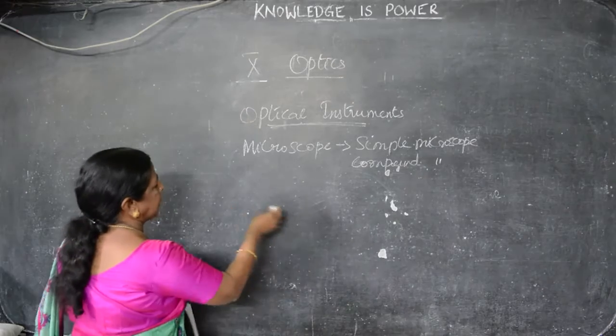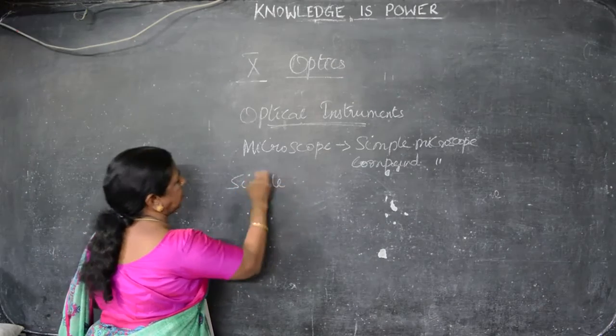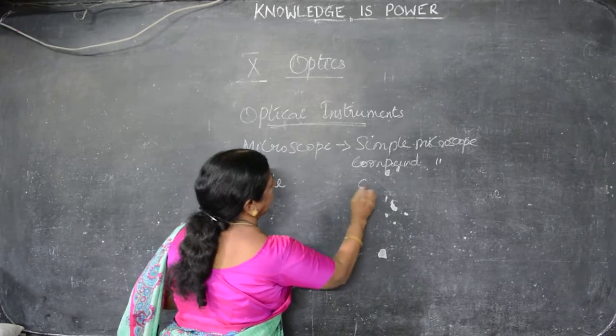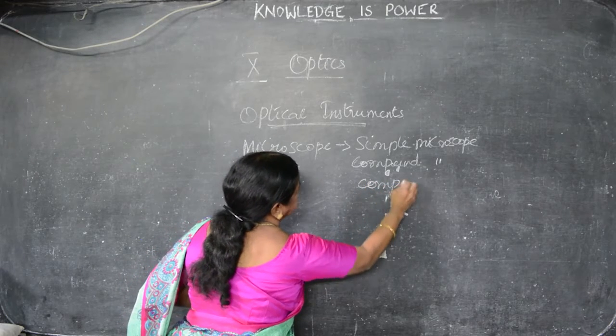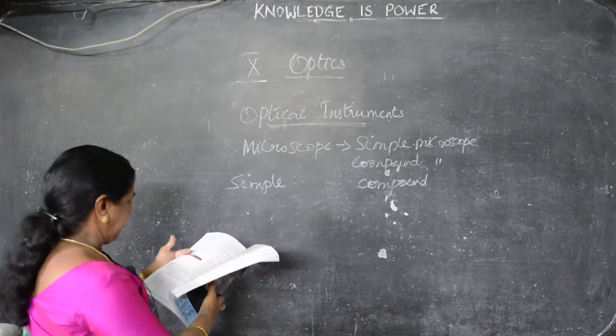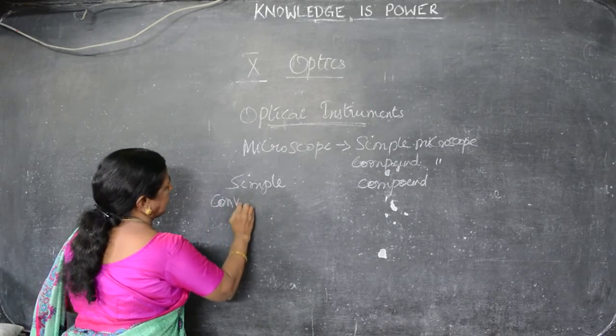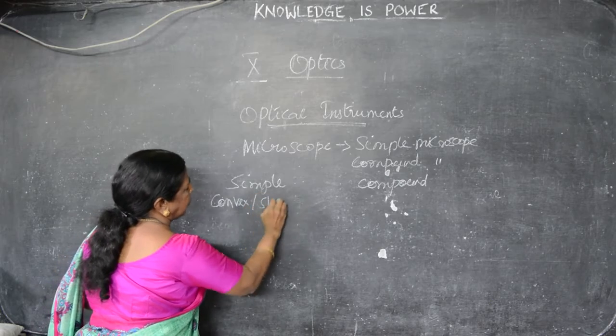Here, as when we are discussing two objects, we have to see the differences, simple and compound. In a simple microscope, a convex lens is used. Convex lens, short focal length.